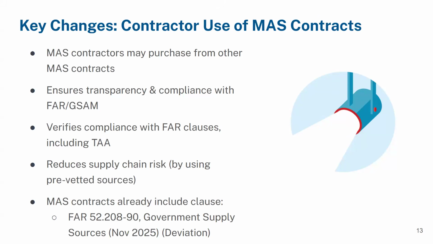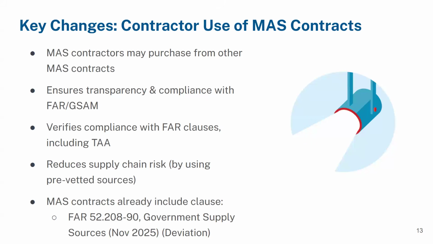Because frankly, some of the ordering activities just may not be real familiar with these processes. And if they have questions, you should be able to point them to the gsa.gov page, where the OLM process is all outlined, and also this process of purchasing from other MAS contracts.